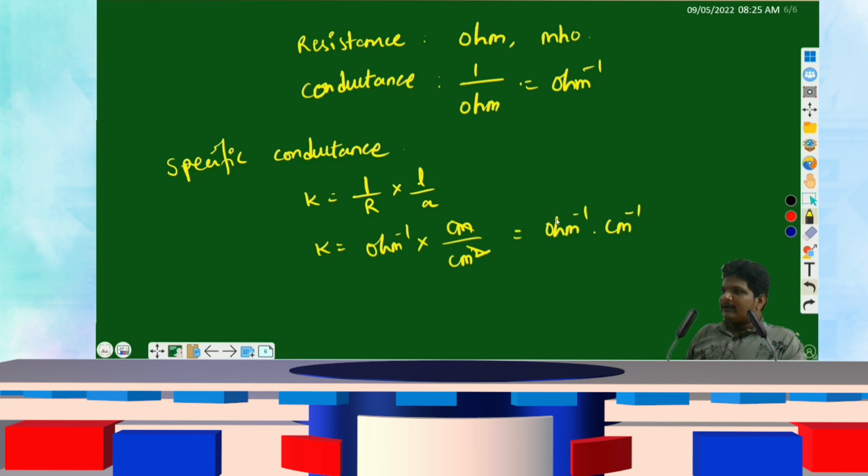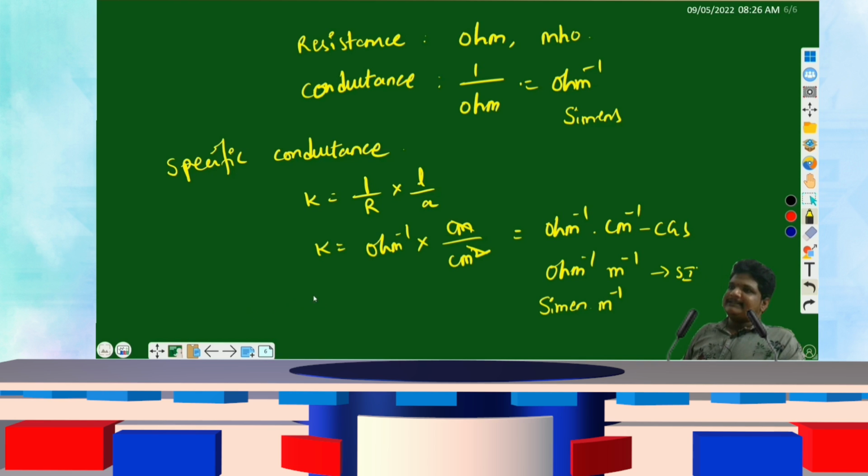We can also represent this as ohm inverse meter inverse. Conductance can also be represented in Siemens, so Siemens into meter inverse or centimeter inverse. This is CGS units and this is SI units. So this is about conductance and specific conductance.